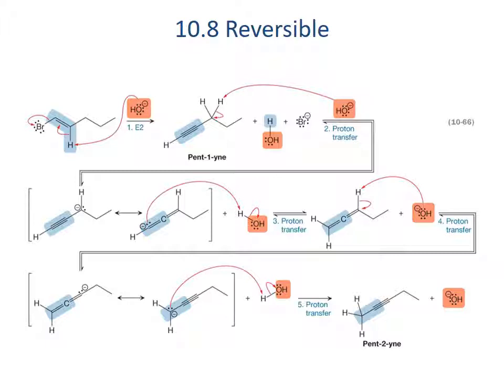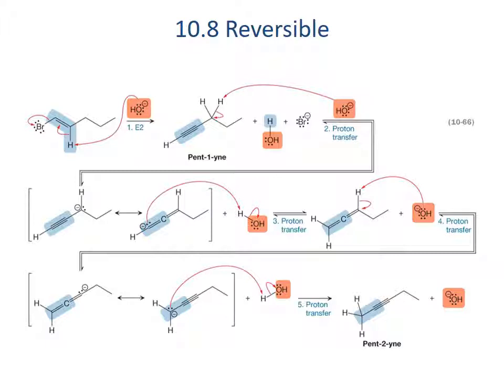You can pull it off, you can put it back, and so on. But it can also put the proton back in the other negatively charged position in the resonance hybrid. The resulting isomer can go through an identical process to take off another proton on the same position and eventually put it again on the other side, resulting in the alkyne moving from a terminal position to a more stabilized position.